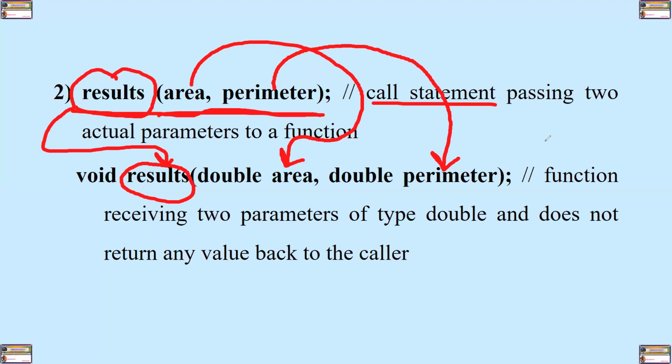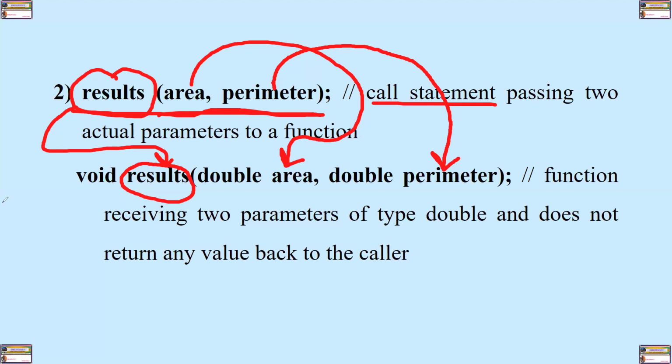So you can see they must match. The order of arguments in the call statement must match the order of parameters in the receiving function, or the function which is being invoked.